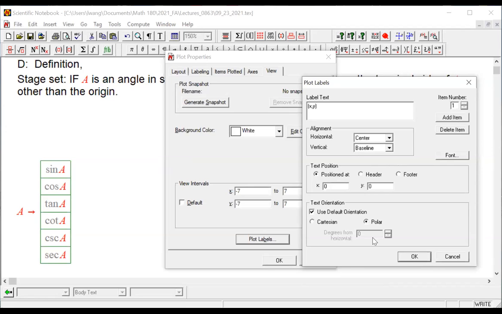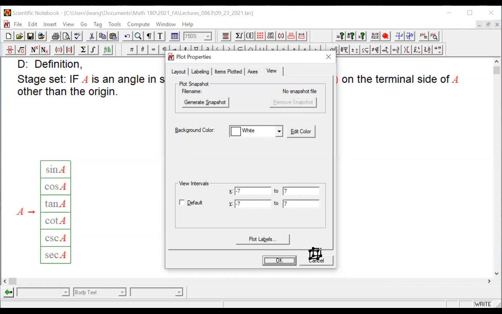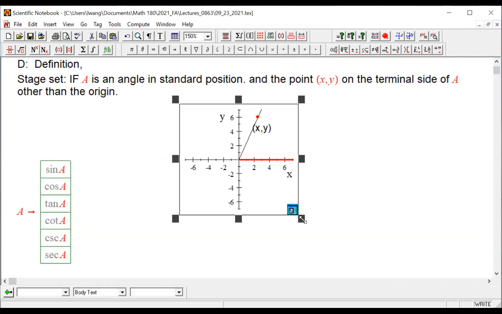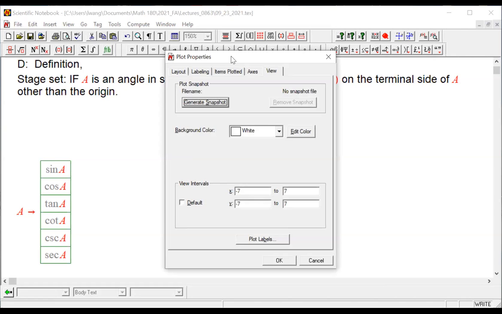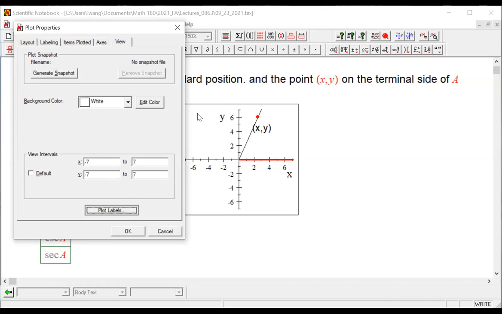So that point I'm going to mark. This is something I want you to put on your graph: (x, y). Maybe I should move up just a little bit, and the letters need some adjustment.